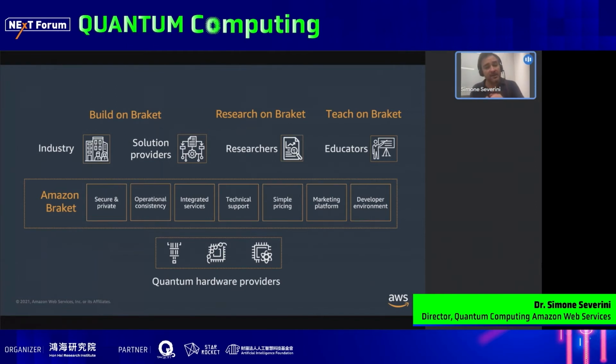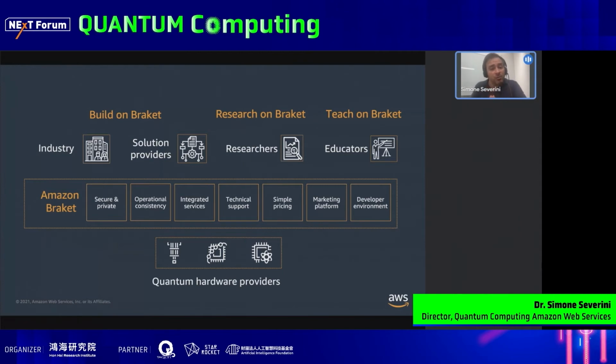First, access to different types of hardware. Second, integration of quantum resources and non-quantum resources and services, because the interplay between quantum and classical resources is important. And third, Amazon Braket offers a consistent experience, operational performance, which is not easy to realize and something which we have a lot of experience.